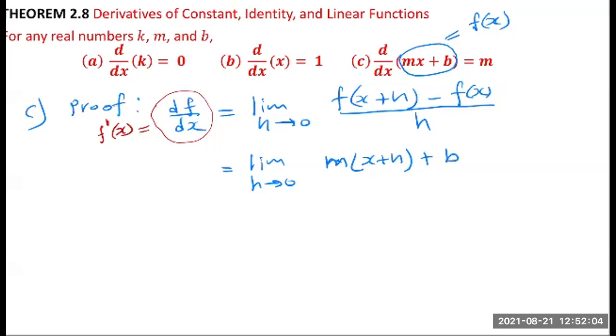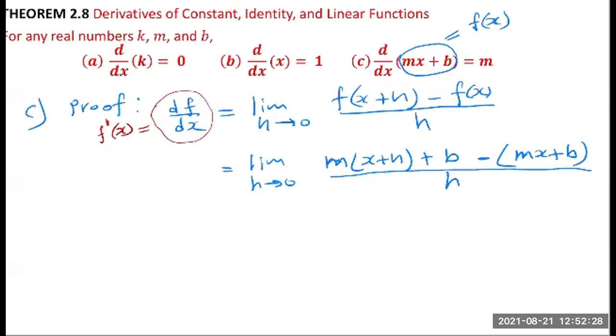That's what you get if you plug in x plus h in this function. You replace this x by x plus h. And then don't forget you have minus f of x in the top. My f of x is m times x plus b. Everything divided by h. Now it's all about cleaning up the top.